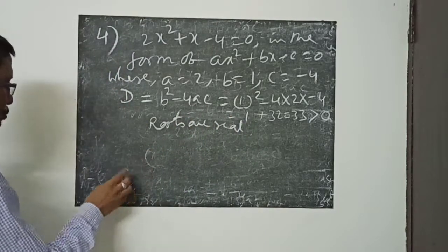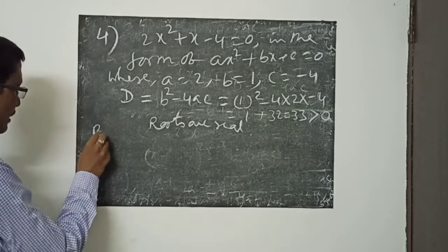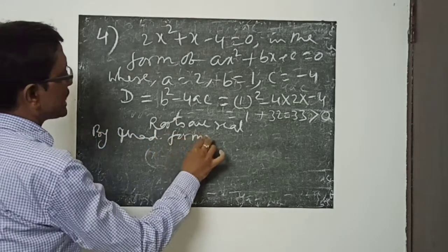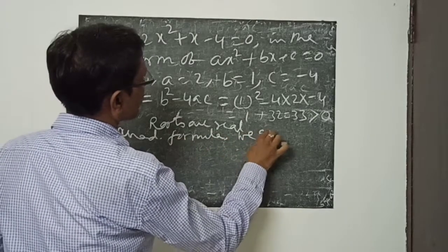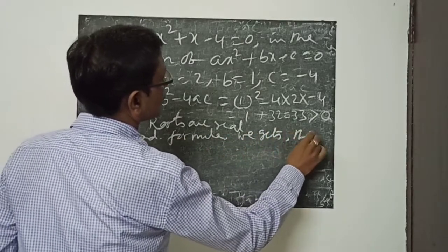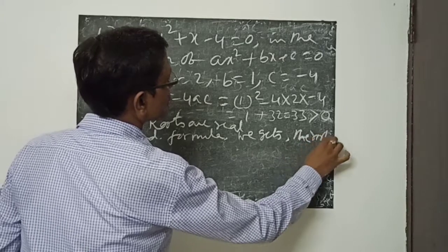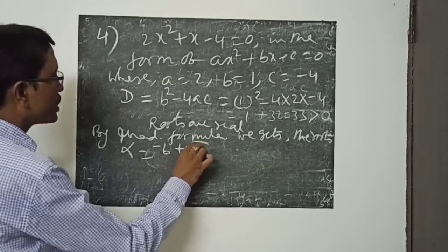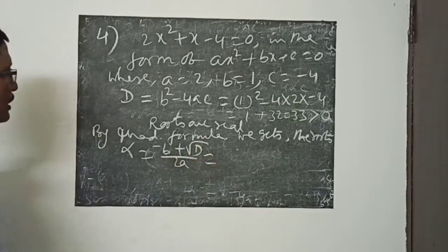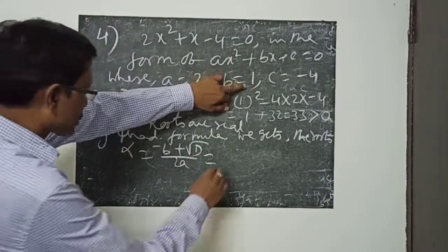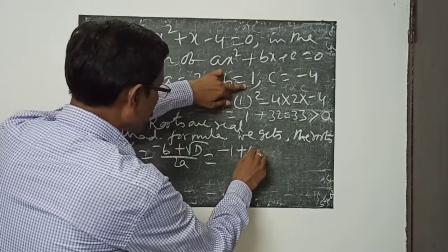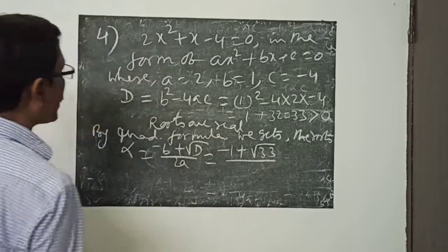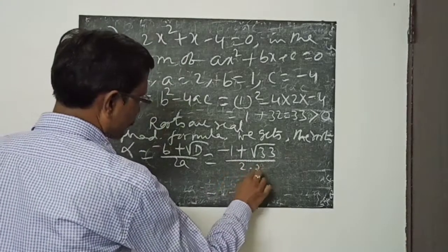Then what will be the roots? By the quadratic formula, alpha equals minus b plus root D by 2a. So it will be minus 1 plus root 33, by 2 into 2, which is 4.